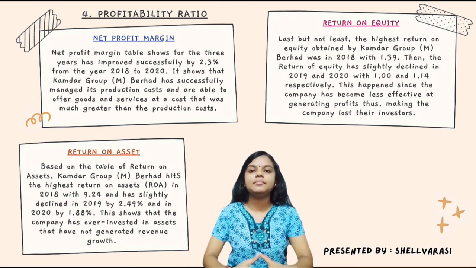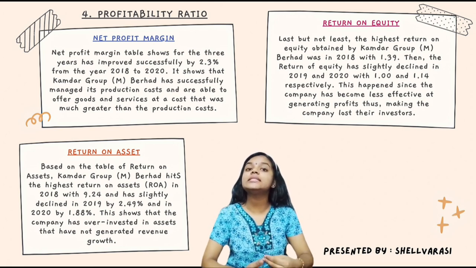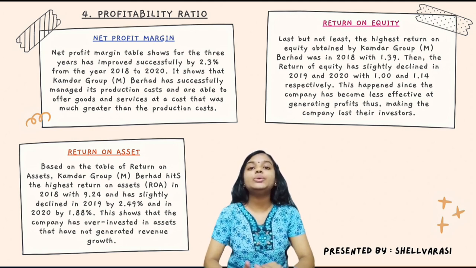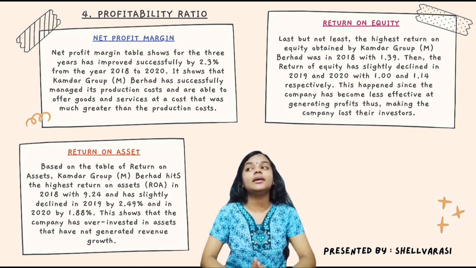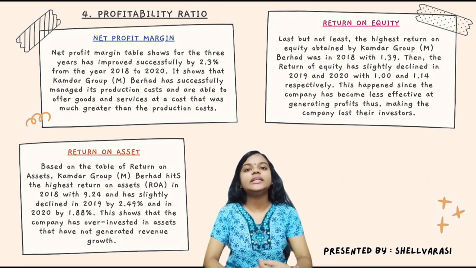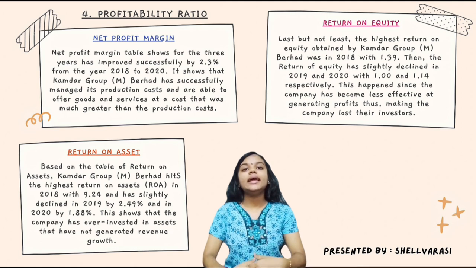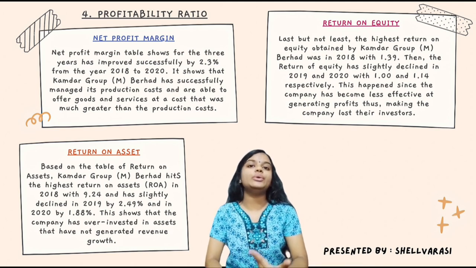Based on the table of return on asset, Kamdar Group Berhad hit the highest return on asset in 2018 with 9.24, and it slightly declined in 2019 by 2.49%, and in 2020 to 1.88%. It shows that the company has over-invested in assets that have not created revenue growth.